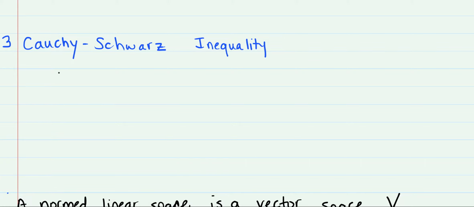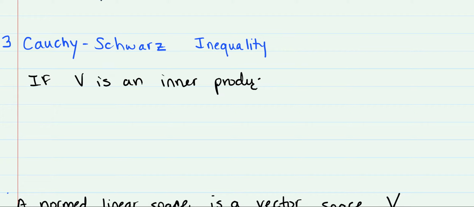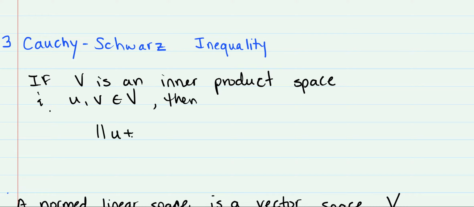And the Cauchy-Schwarz inequality says that if V is an inner product space, and you have two vectors u and v in that vector space, then the norm of u plus v is less than or equal to the norm of u plus the norm of v.